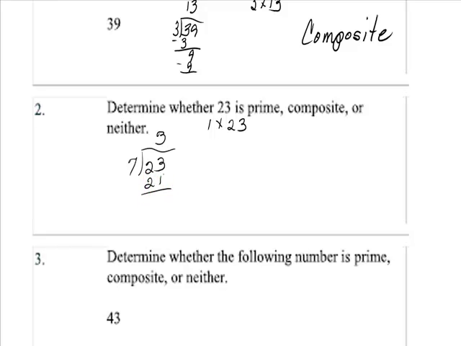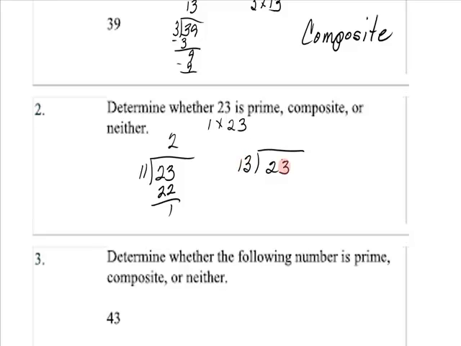I have a remainder. 7 doesn't work. 8 is even. 9 isn't going to go in there because 9 times 2 is 18, and I have a remainder of 5. 10 doesn't go in because it doesn't end in 0. 11 is going to go in there 2 times for 22 with 1 left over. 12 can't work. 13, well, I can test it, and it's only going to go in there 1 time, and I'll have 10 left over.